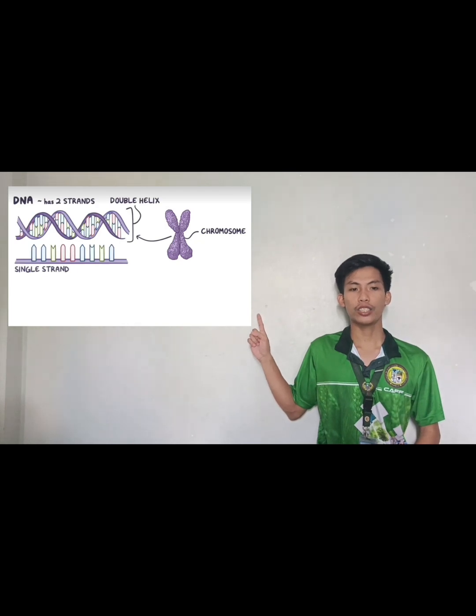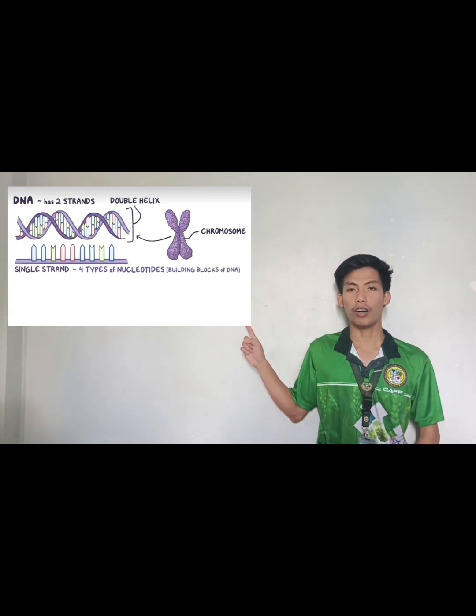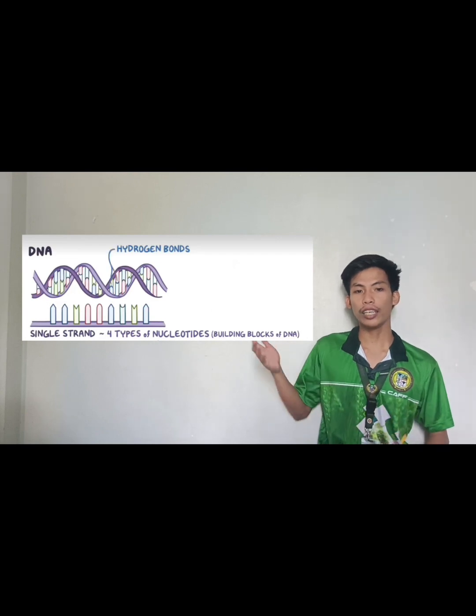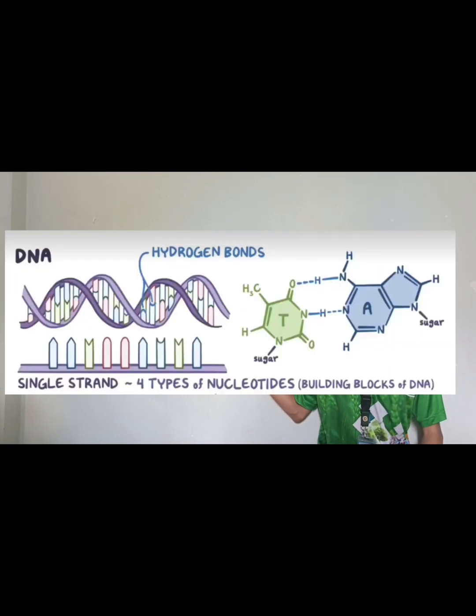Each single-stranded DNA is composed of four types of nucleotides, which are the building blocks of DNA. The nucleotides of one strand form hydrogen bonds with the complementary nucleotides on the other strand, specifically thymine with adenine and guanine with cytosine.